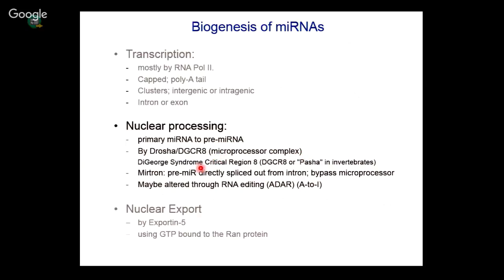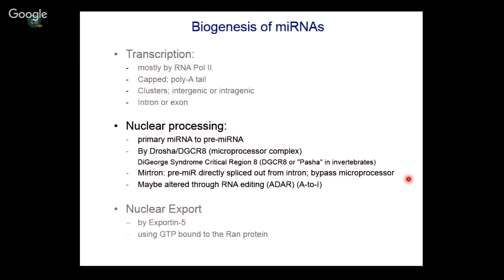This protein complex can recognize the specific structure of the hairpin and measure exactly the precise site for the cleavage. However, some do not follow the microprocessor mechanism. One group of microRNAs called mirtrons are pre-microRNAs directly spliced out from an intron without the microprocessor.